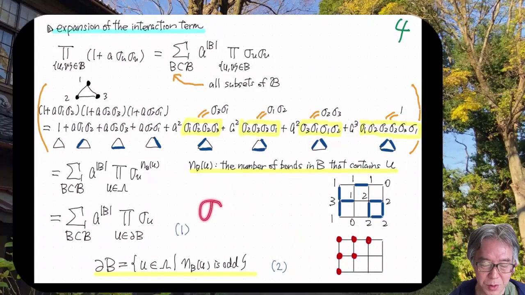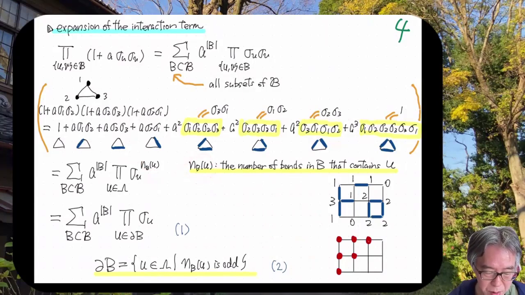I mean, sigma squared is 1. All these things are 1. So the only thing we have to care about is when n is odd. If n is odd, then it's the same as this. So the only thing we have to care about is the parity of this N_B(u). We should only look at the sites at which this N_B(u) is odd.